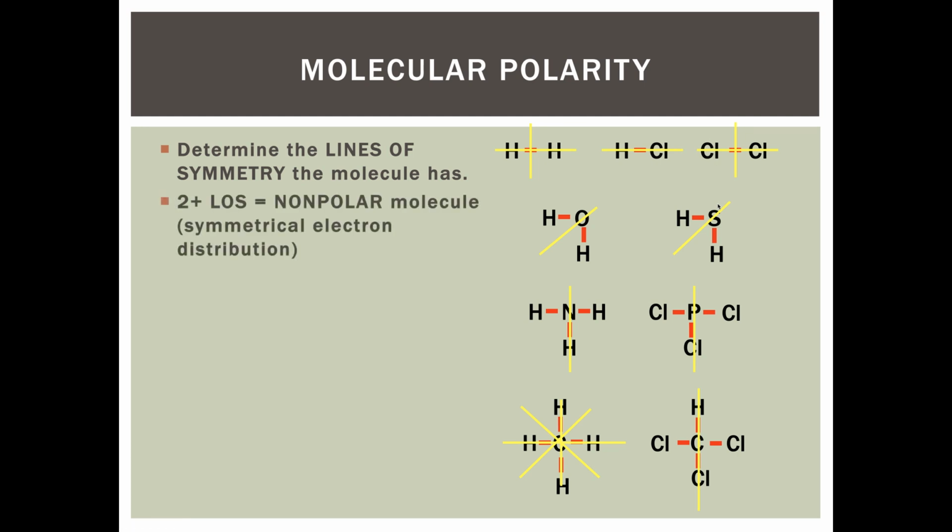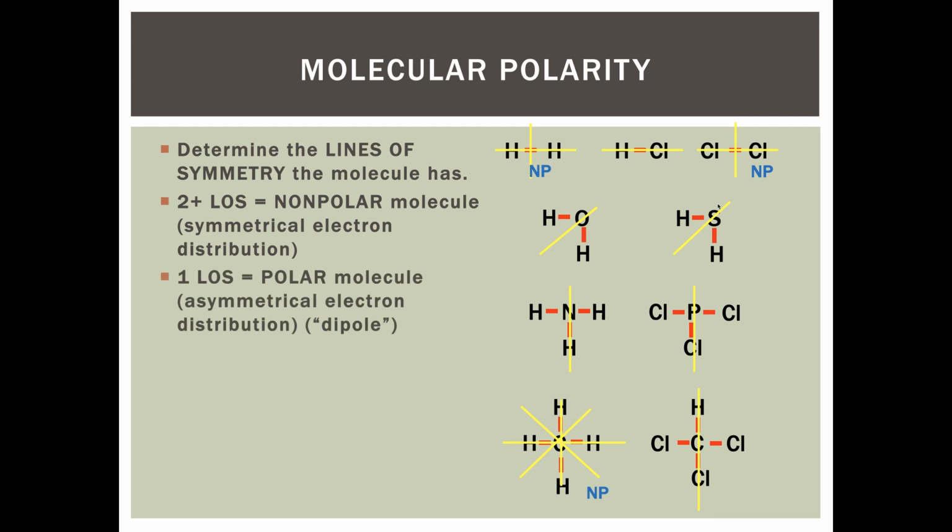With two or more lines of symmetry, there is no lopsidedness to the charge distribution. Therefore, the molecule will have no charged ends. It will be nonpolar. So any molecule with at least two lines of symmetry will be a nonpolar molecule. These molecules will have very weak attractive forces. One line of symmetry means that the electrons are being pulled more in one direction than another.